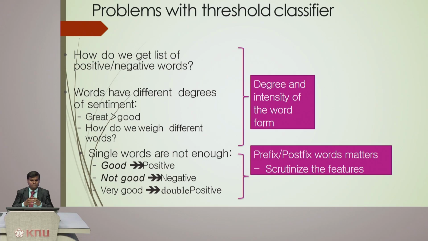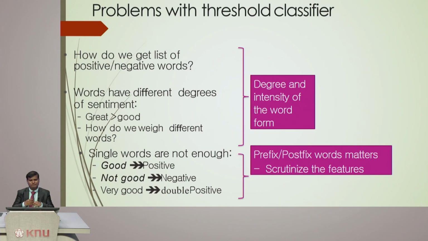You can try to extract from a certain dictionary or other database and include all the positive and negative words. But again, positive words and negative words have different degrees. For example, fantastic and incredible are positive and definitely have a higher degree of sentiment than saying, well, it's good, it's very good, good movie, isn't it? So how do we weigh the different words? That's another question that we have to ask.